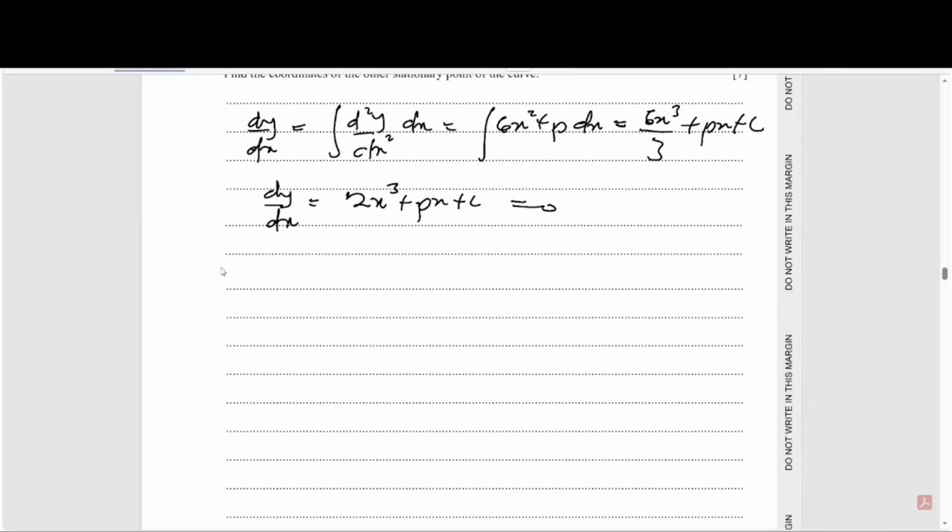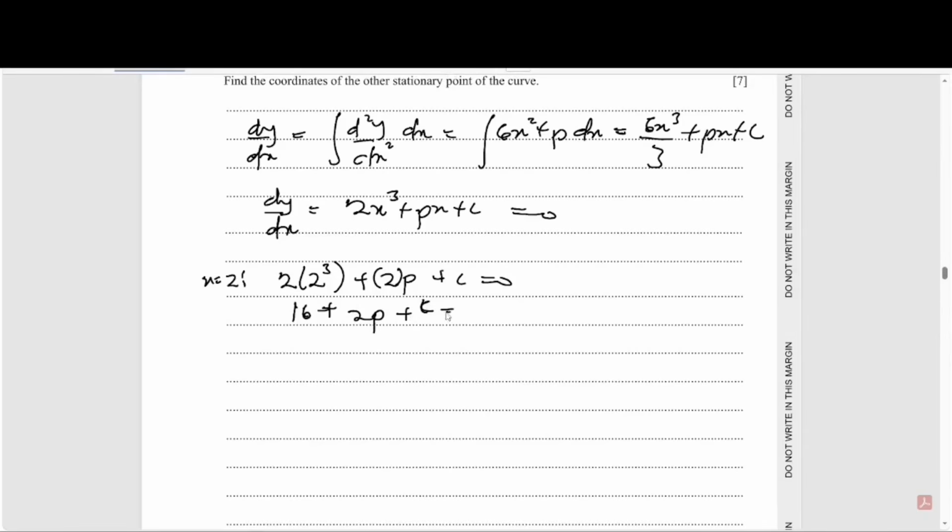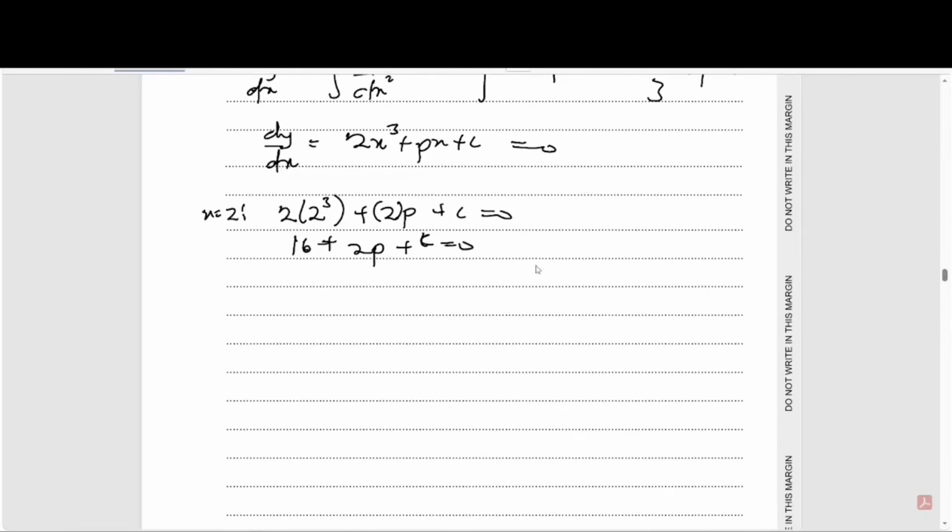So when x is equal to +2, we have 2 times 2 cubed plus 2 times p plus c is equal to 0. That gives us 16 plus 2p plus c is equal to 0. Now we can rearrange and write 2p plus c is equal to -16 as our first equation.